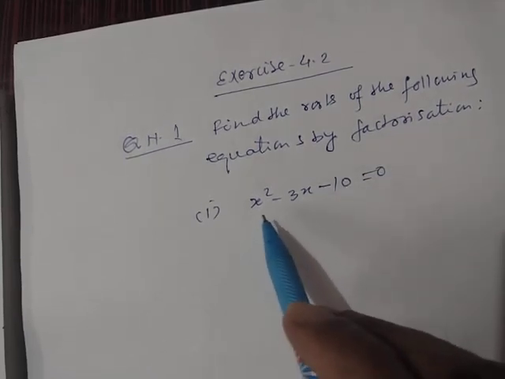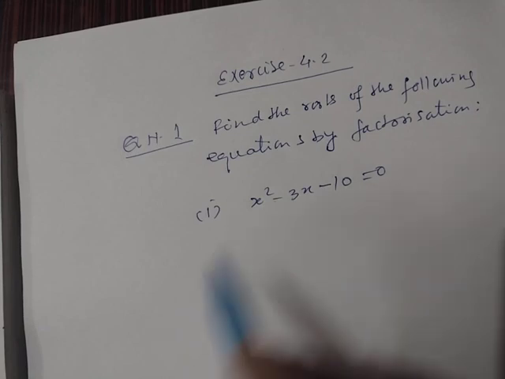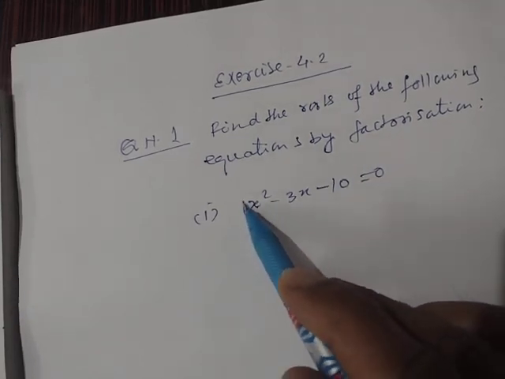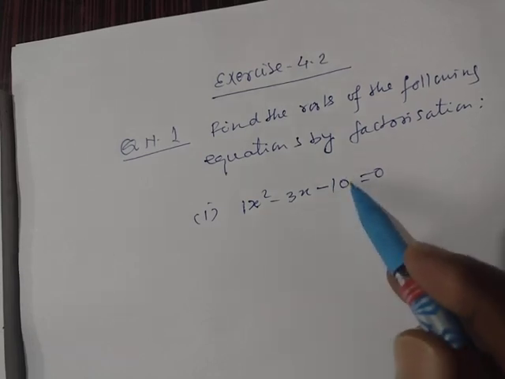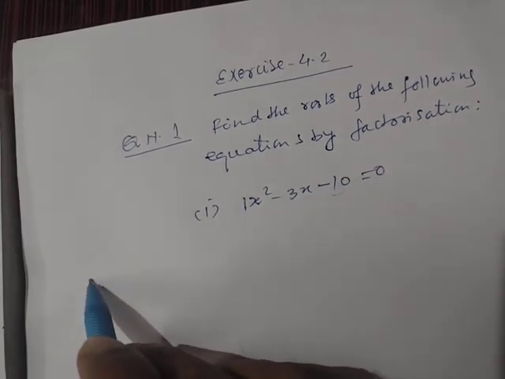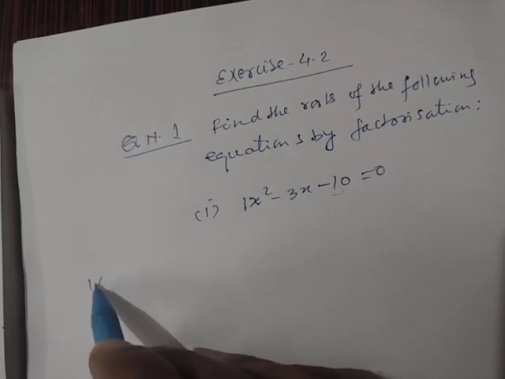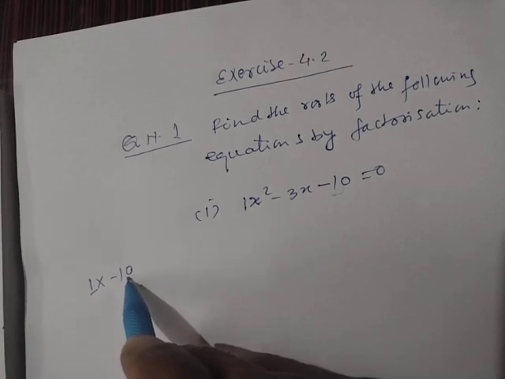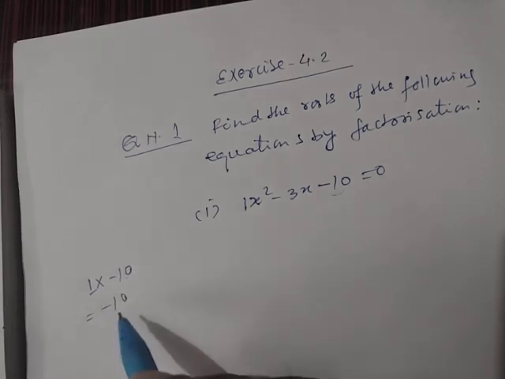Student, you see, x square coefficient is 1 and constant is minus 10. So, coefficient of x square and the constant you multiply here. 1 into minus 10 equal to minus 10.